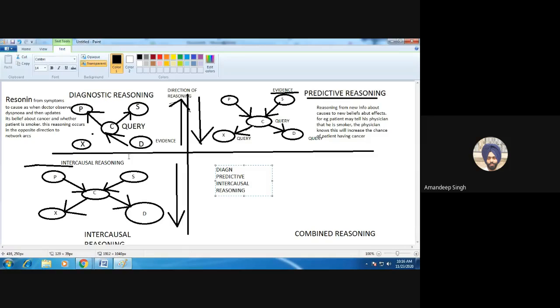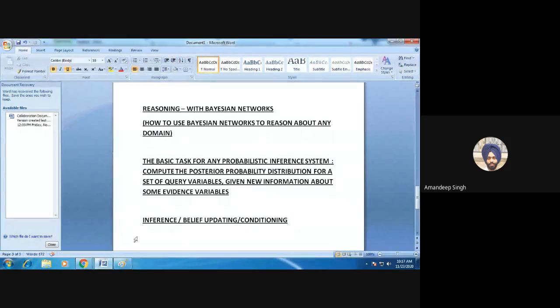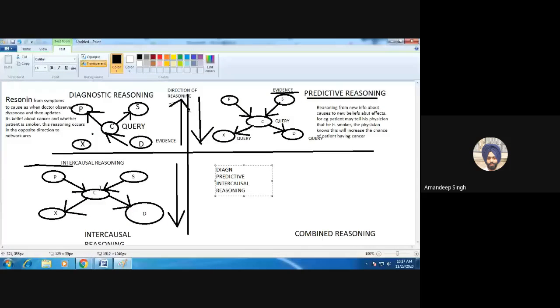Now you're trying to reason with the given domain knowledge, and you have different methods or approaches of dealing with those different scenarios. We were discussing the different types of reasoning in Bayesian networks, and how you can reason with the given domain. One approach is diagnostic reasoning, from down towards top.